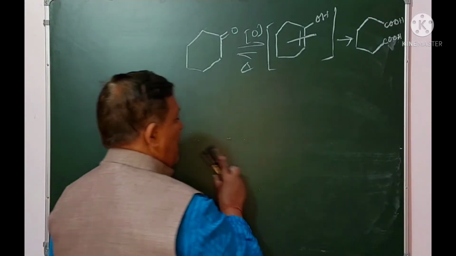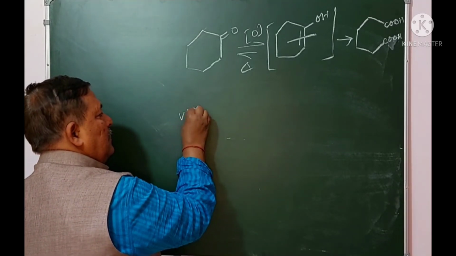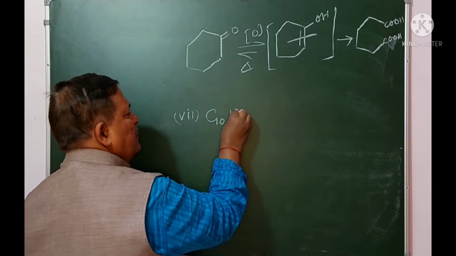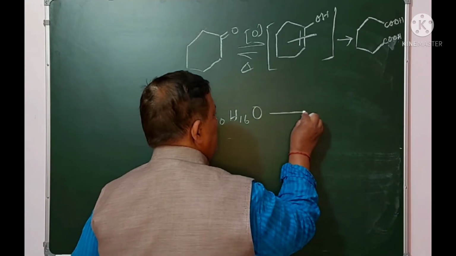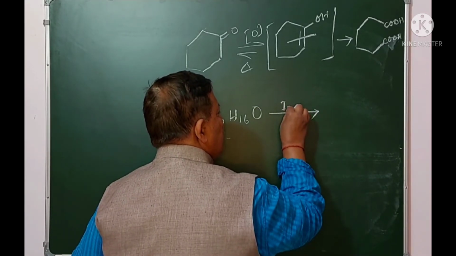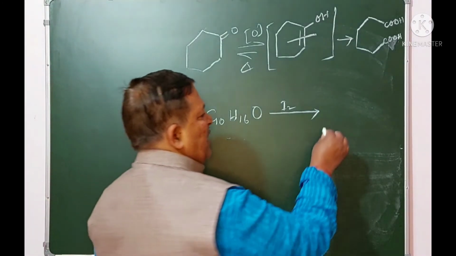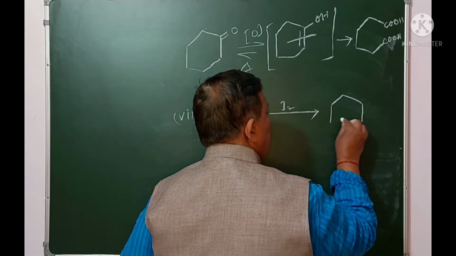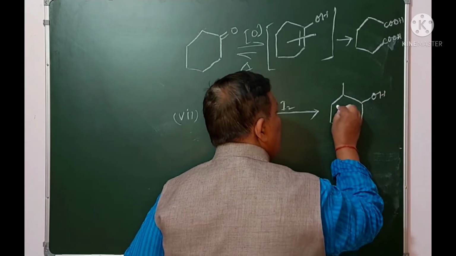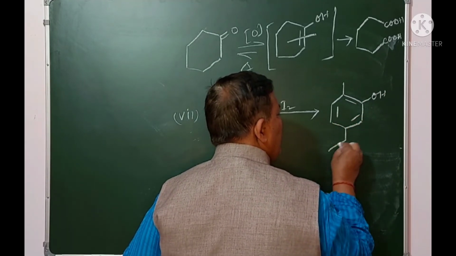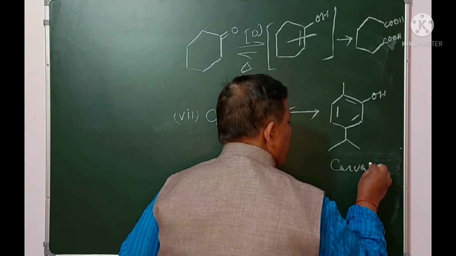When this compound is reduced with iodine, it is converted into a phenolic compound and it is called carvacrol.